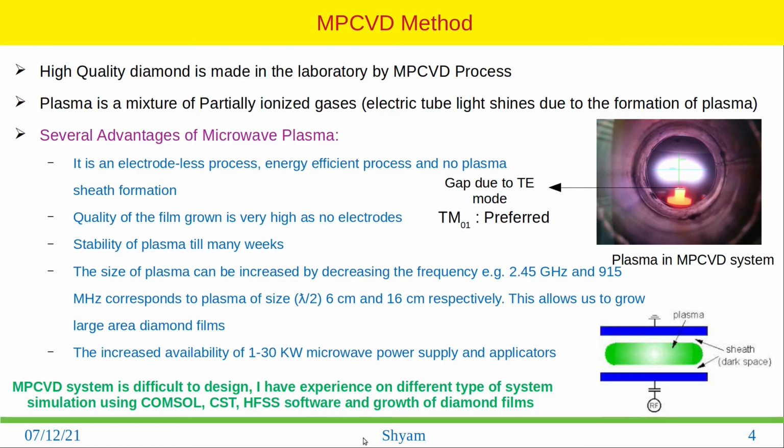I have experience in different software like COMSOL, CST or HFSS, which are used for the simulation of these types of systems. I also worked during my PhD on growth of diamond films, so I am still following the technologies.